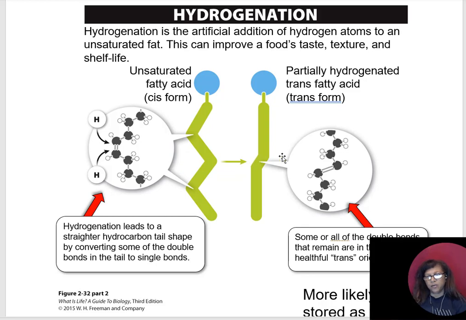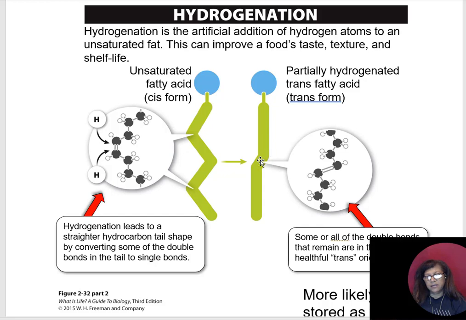But through chemical means, I can add more hydrogen atoms to an unsaturated fat and do what's called partial hydrogenation. You can see here where some of those carbons that did have just a single bond, now another hydrogen was added on, right?